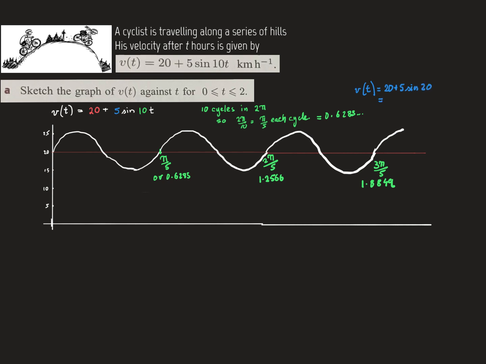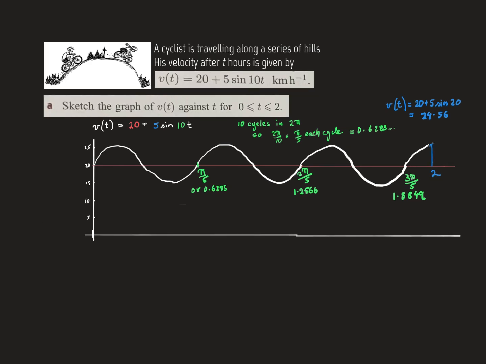And when we work that out on the calculator, we get a value of 24.56, which is almost heading up to that 25 over here. So we can more or less say that that is where our function stops over here at 2. So we really have about 1, 2, 3 and a bit cycles.